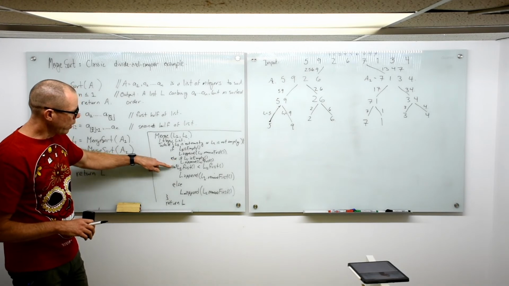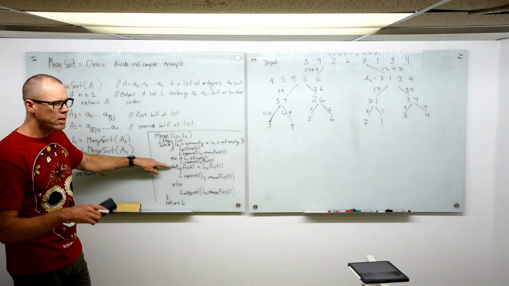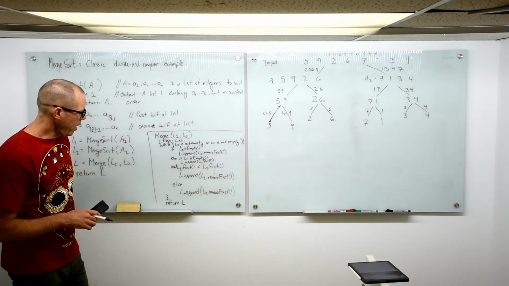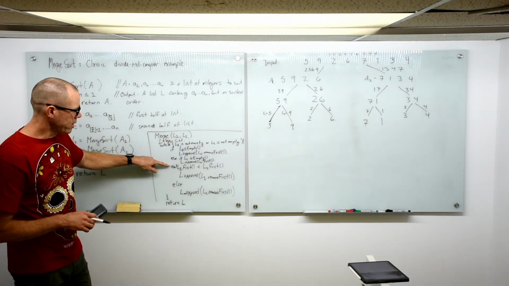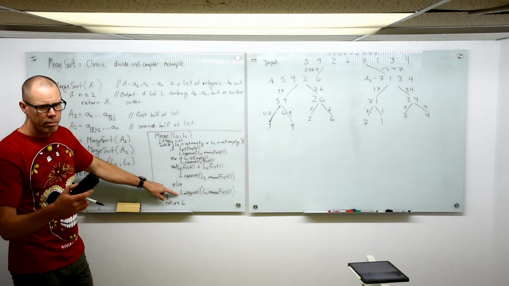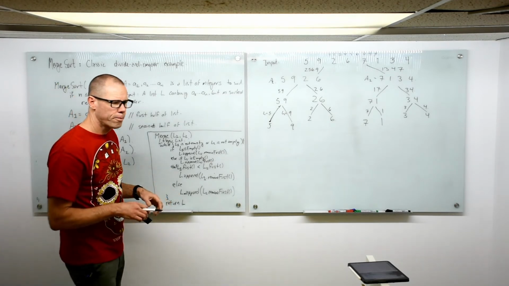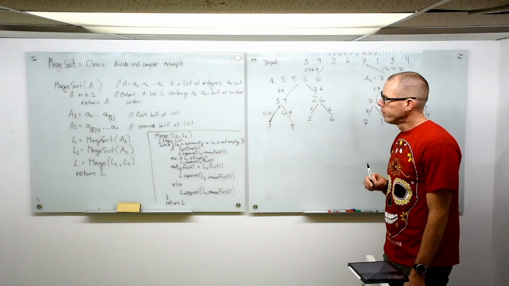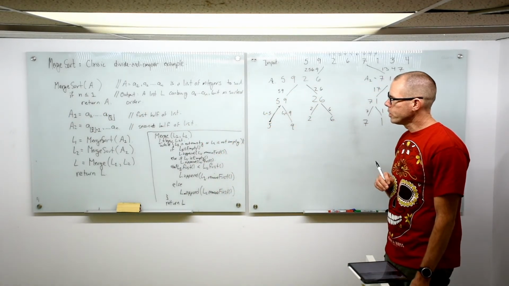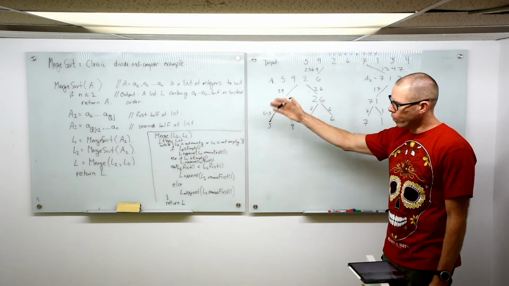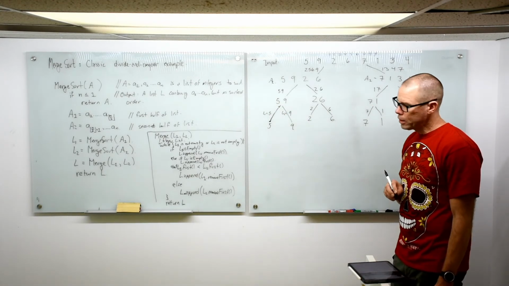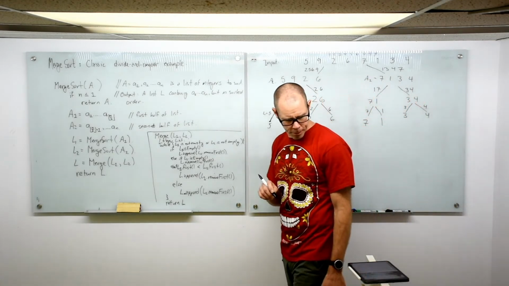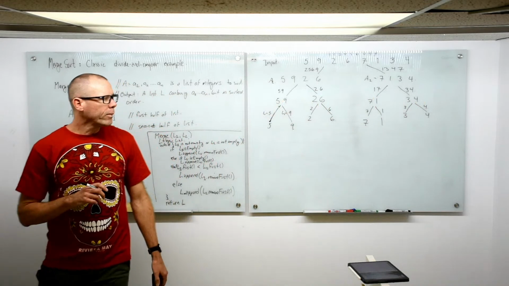So if we get L1.first is the same as L2.first, then it's not less than, so it would take it from the second list. So it doesn't change anything. I mean, this code still works for duplicate values, but it's easier not to worry about those at this stage. Okay.